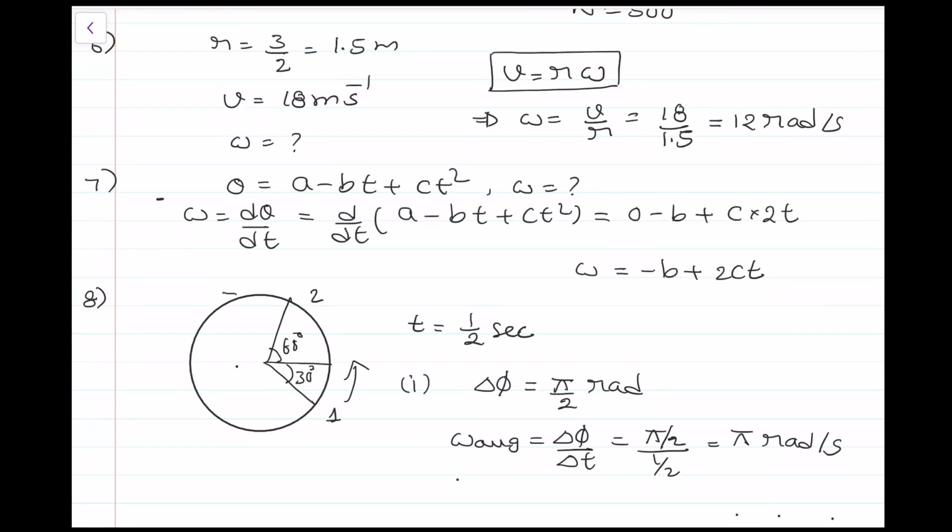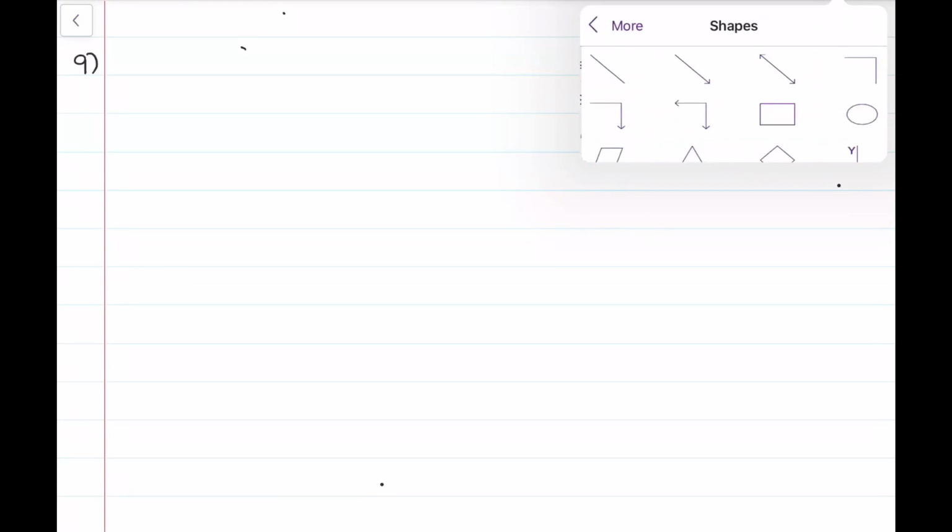Now, question number 9. A body is moving in a circular path with a constant speed. It has a constant velocity, a constant acceleration, an acceleration of constant magnitude, or an acceleration which varies with time in magnitude, as given here.